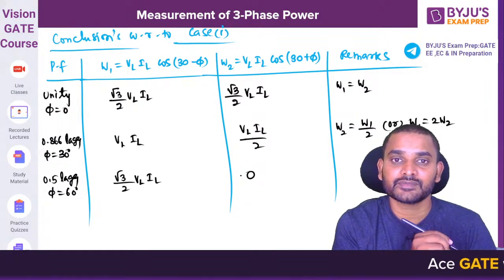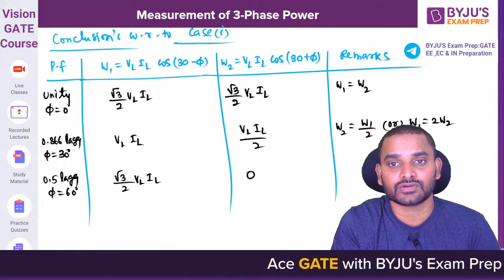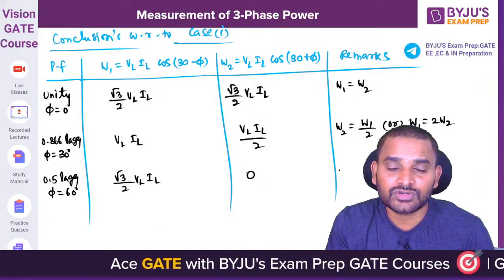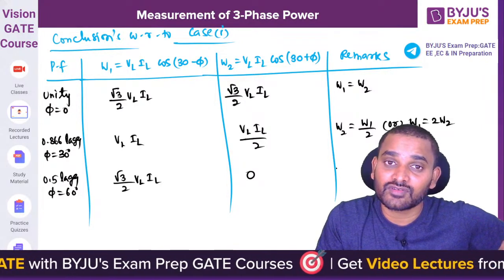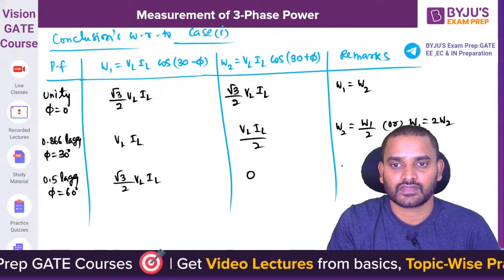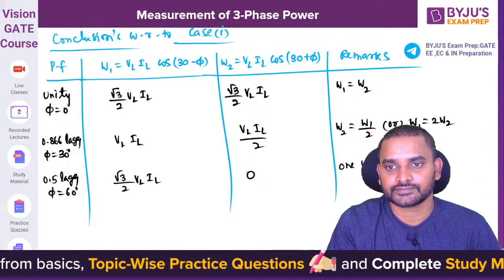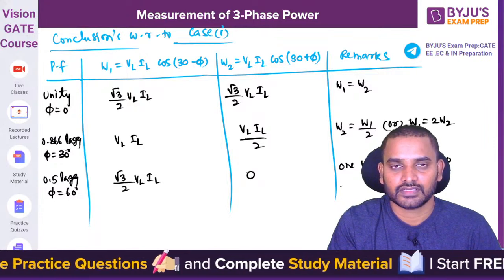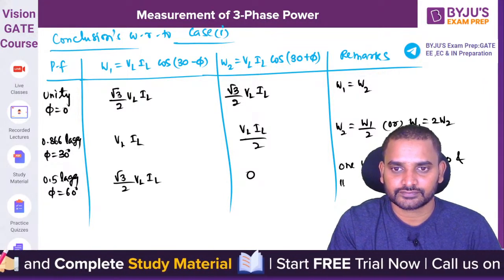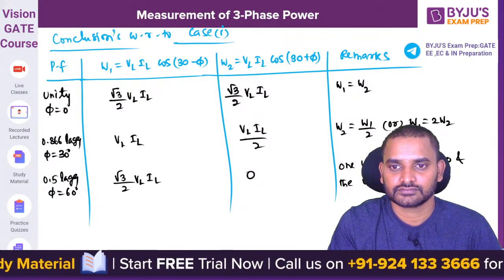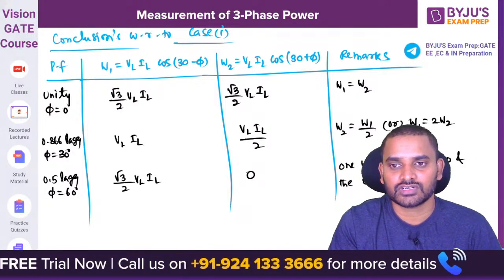So this wattmeter reading will be 0. So one wattmeter reads 0 and the other meter reads the total power.